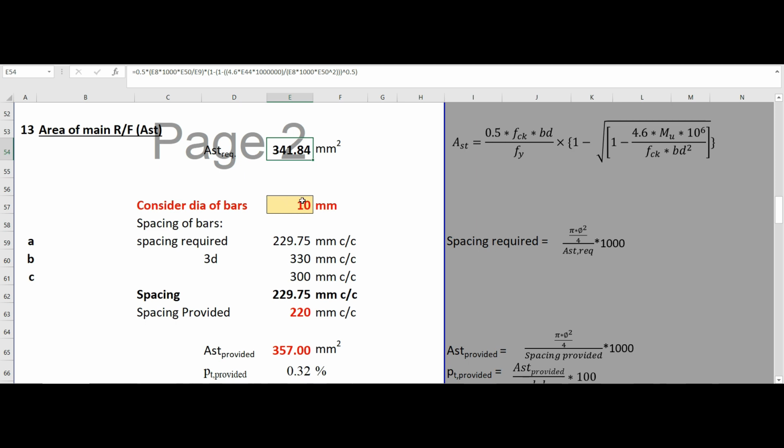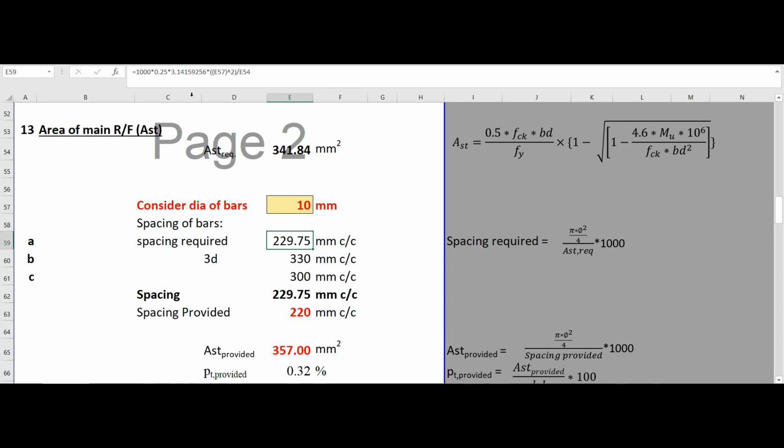So now we will calculate the spacing required for 10 mm bars. The spacing required is given by the area of 1 bar, which is pi by 4 into diameter of bar square, divided by Ast required and multiplied by 1000 to calculate the spacing required for 1 meter width of the slab.